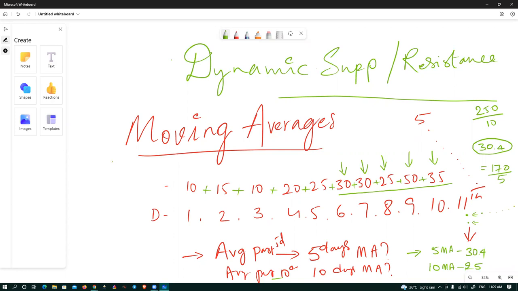It is dynamic every day, because every day's close is variable, hence the values generated here are also variable and dynamic. These points will be joined as a line, and then it looks like a line. So every current day's value will be the average of previous values. I will show you this in the chart.